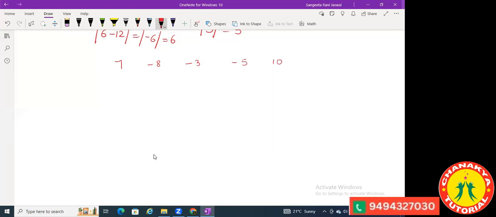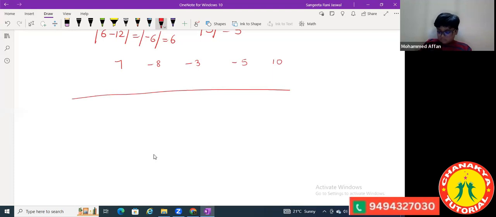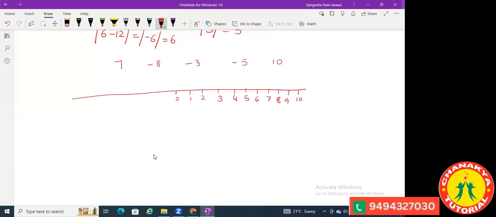Everyone, please plot these numbers on the number line. Ma'am, I plotted. Good. Let others also do it.